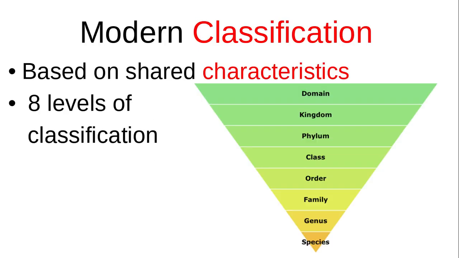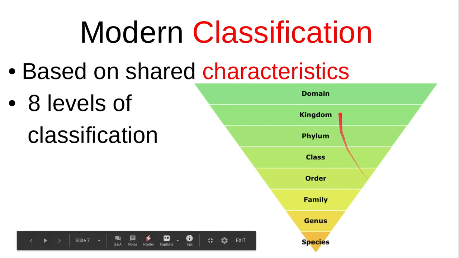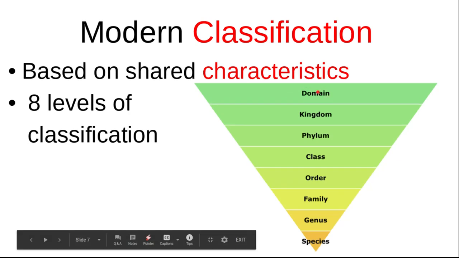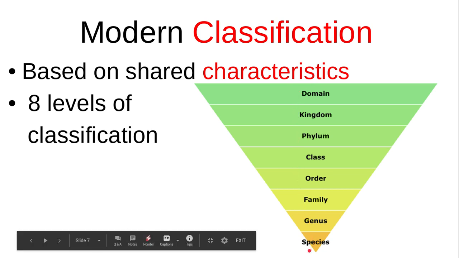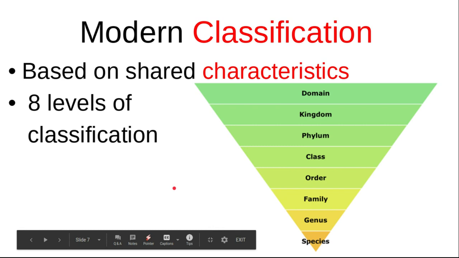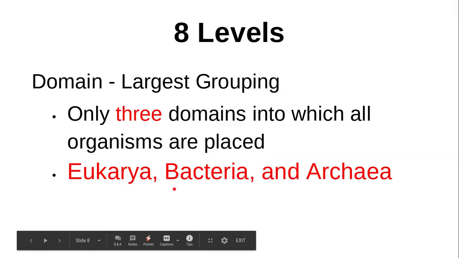So the modern classification system, what system do we use? Our system is completely based off of characteristics that organisms share with each other. And we go from big, broad characteristics all the way down to really small, specific characteristics through different levels. So we start here at the domain, which is some of the biggest, broadest, most common characteristics, and we work our way down to the species level, which are some of the most specific characteristics or differences between organisms.